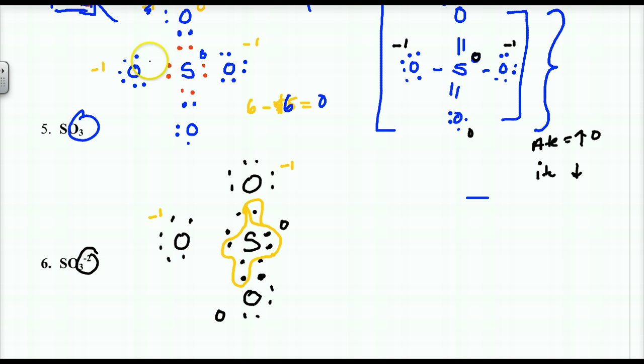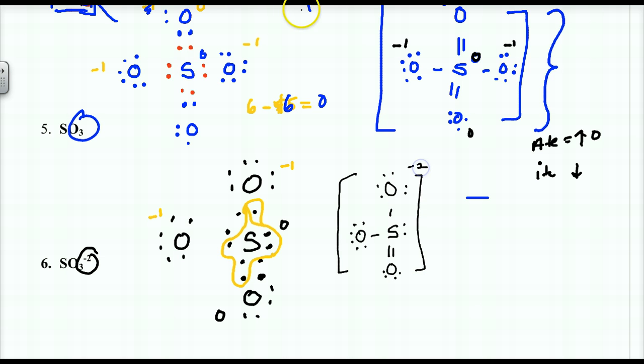We have an S double bonded to an O. We have a lone pair, single bonded to an O, single bonded to another O, and there it is. This whole thing gets brackets, and it's -2 because it gained 2 from the environment.